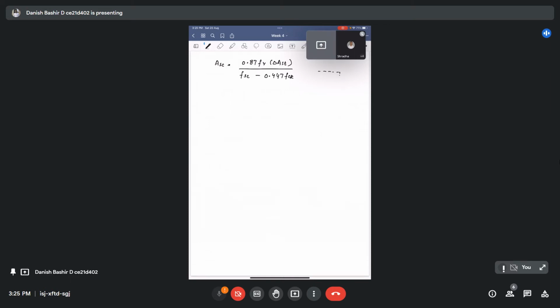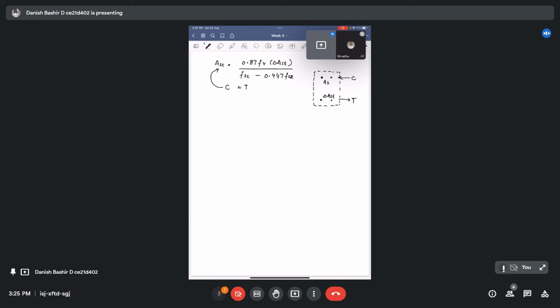I told you in a hollow section we provide ASC, we provide delta AST. So the compression force that we get here and the tension force we get here, if I equate compression force to the tension force, I will get this formula. You would have studied in the lectures in detail.